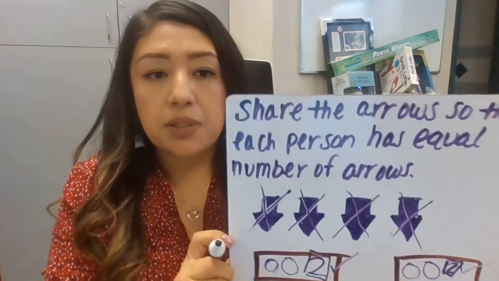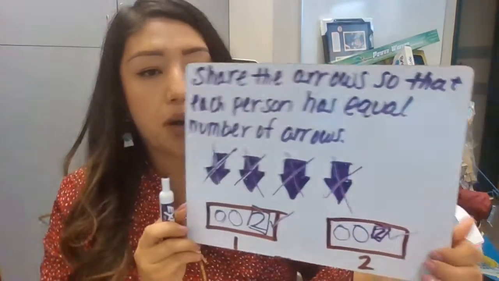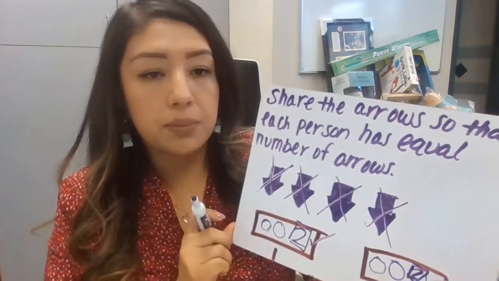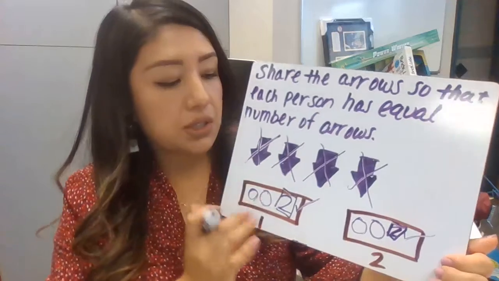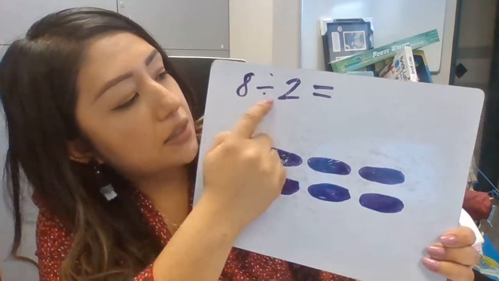These are the types of problems that you're going to be working with during this week. You may have a problem like this or something similar, just a little short story problem with visual representations. Or you may have something like this. It just says 8 divided by 2.